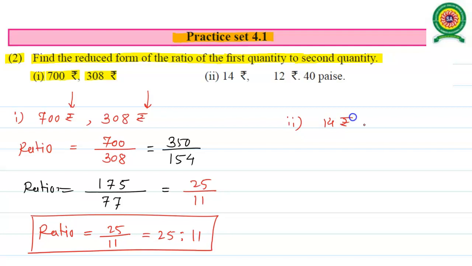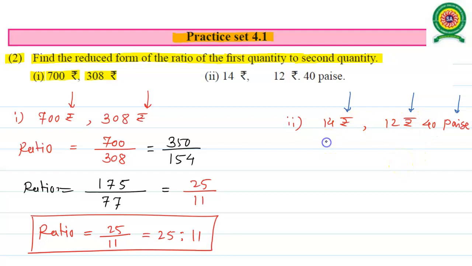We have it in the form 14 rupees and 12 rupees 40 paise. So now look at the unit, we have rupees, and in case of second quantity we have rupees and paise. So we have to convert either both quantities in rupees or both quantities in terms of paise.